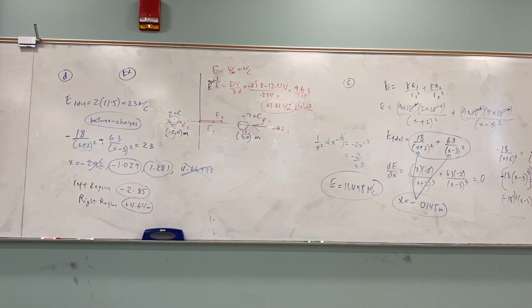So where would 1.4 meters be? Let's see here. The distance between them was 5.2. Okay, 1.4 meters is right there. If I take my sensor there, what's the electric field?